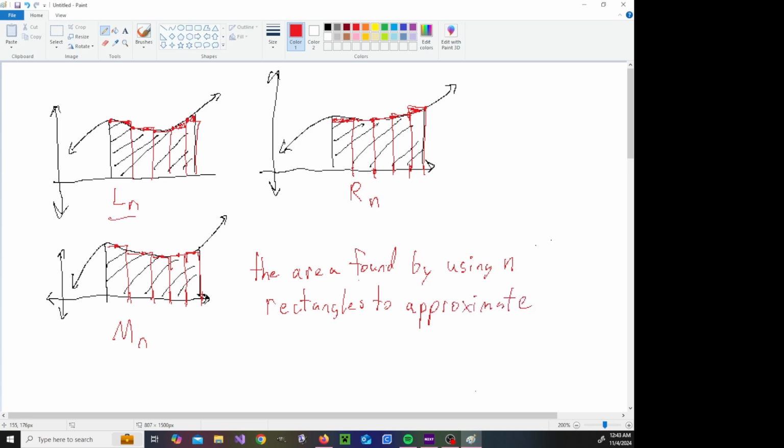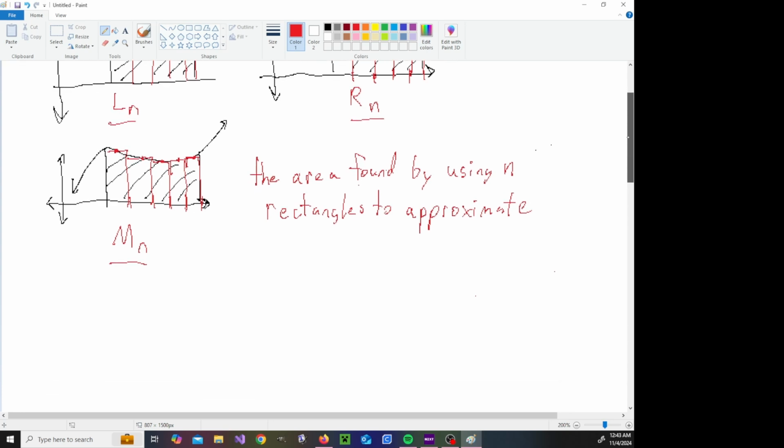So when I write Ln, Rn, or Mn, then I'm going to use that method, left, right, or middle, with n rectangles to approximate the area.